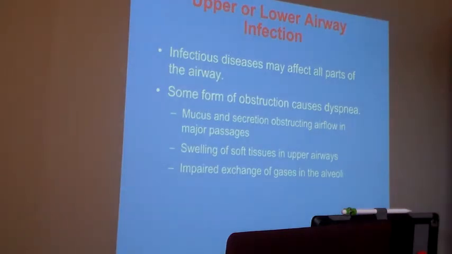So when we have an upper respiratory or lower respiratory infection, one of the things you're going to see with these patients is you're going to see cough, and you're going to see heavy cough. Some of these cause obstruction, like I said, excessive mucus production. Remember, oxygen exchange, or gas exchange, can only take place through surfactant. Any other fluid that's inside those lungs, gas exchange is not going to take place.